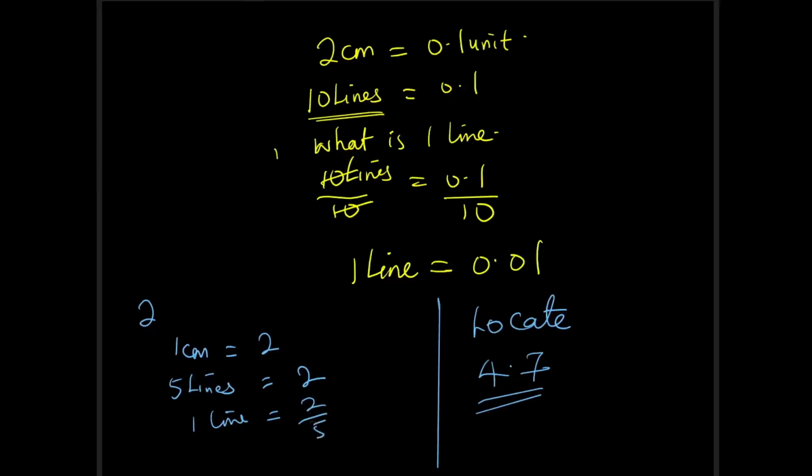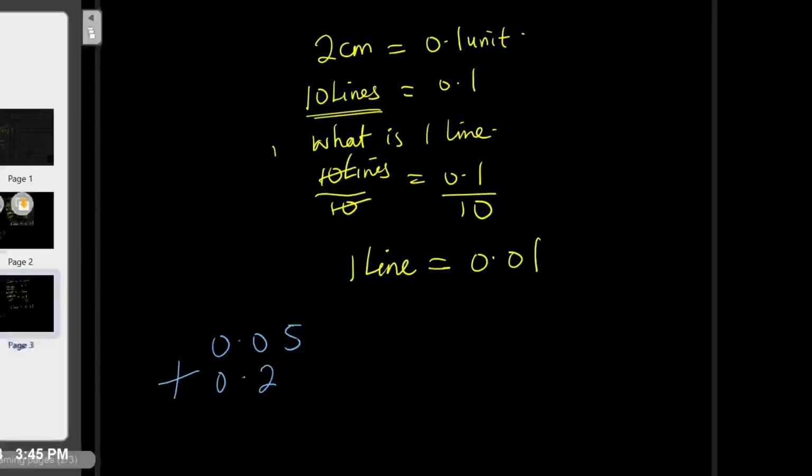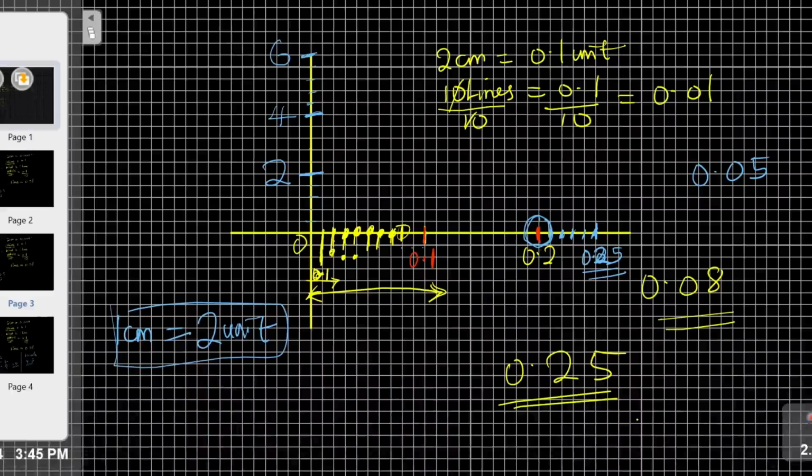Now, when you have 2/5, it's going to be 0.4. Now, that means each line is giving you 0.4. But you want to locate 4.7. So remember, let me zoom a little more, so that I will be able to understand this.